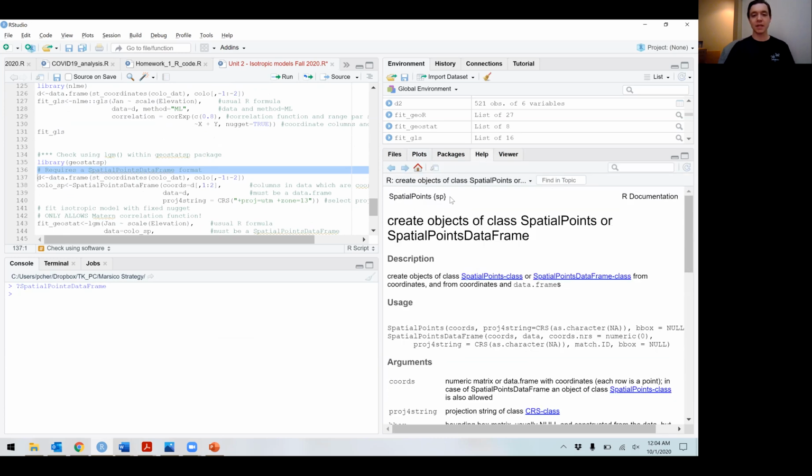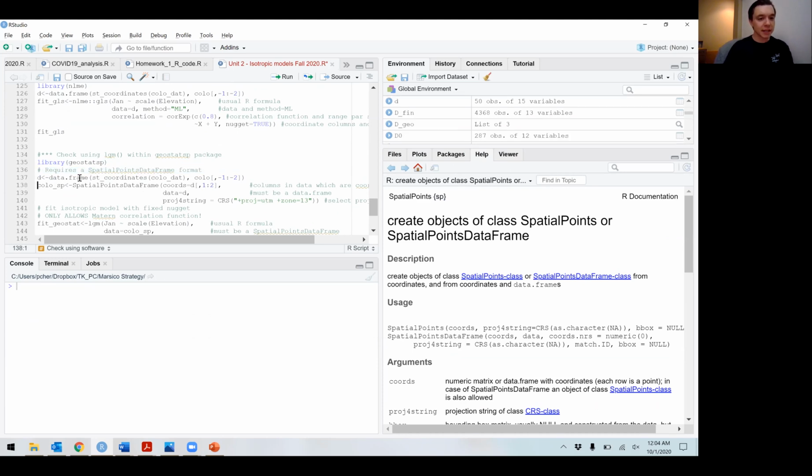It's a part of the sp package, and that means I have my trusty old data frame here, and I convert it into a spatial points data frame. I have to specify where the coordinates are, what my data is, and pick a coordinate reference system.